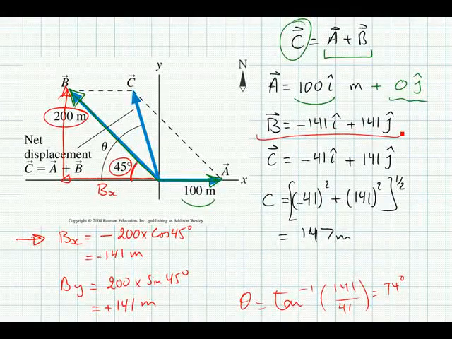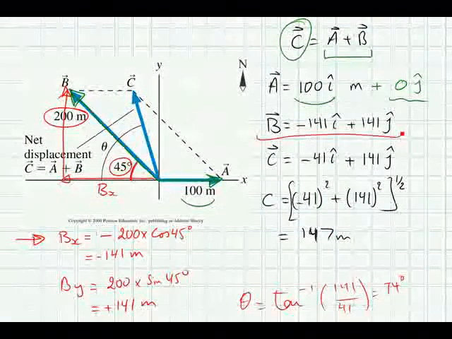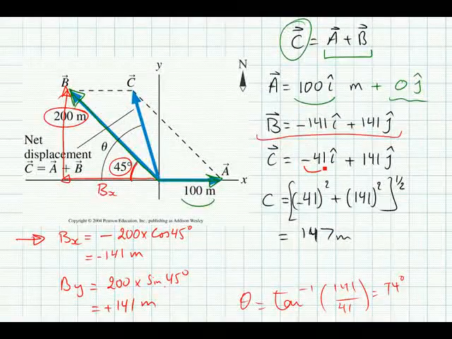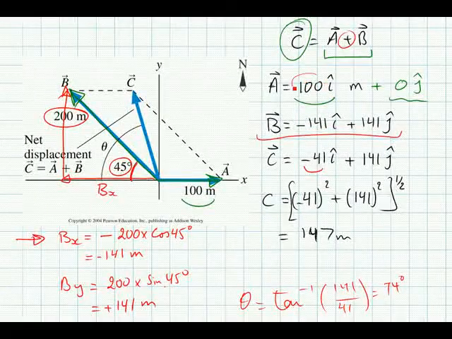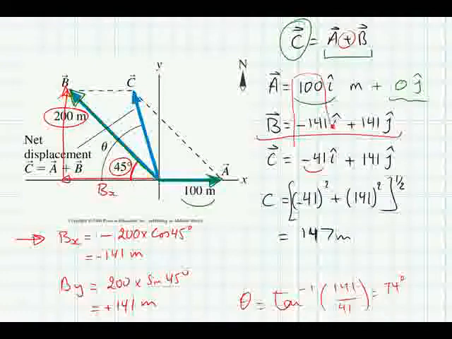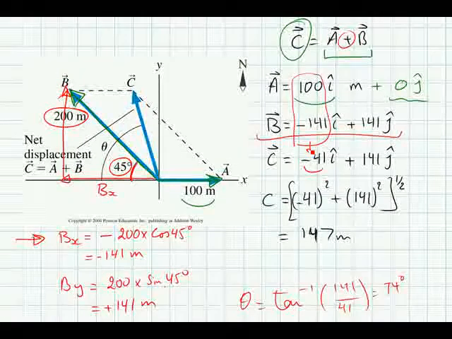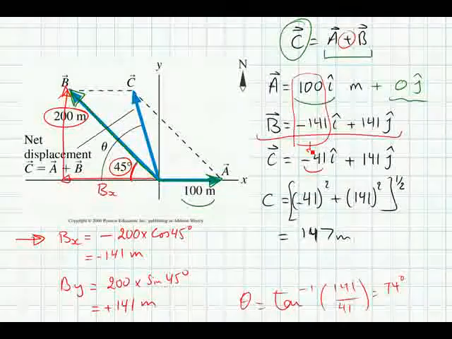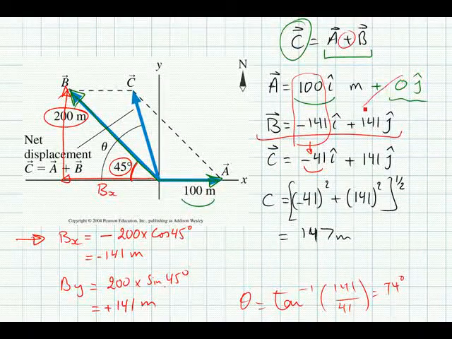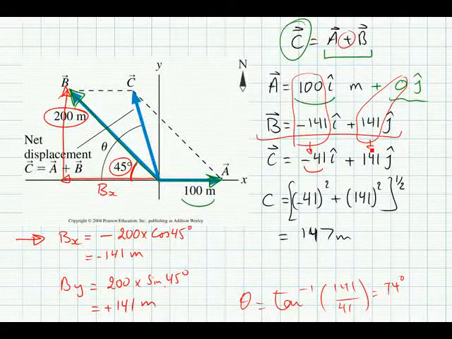So vector c now is to calculate the i component of vector c. Simply, since we are adding up, simply add the two i components of the two vectors. 100 plus minus 141 is minus 41, and to calculate the y component, add the y components together of vector a and b. So that's 141j.